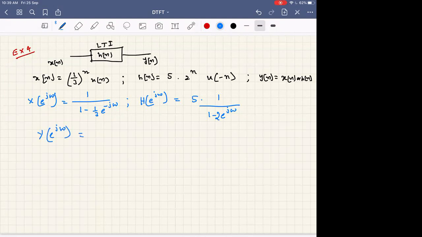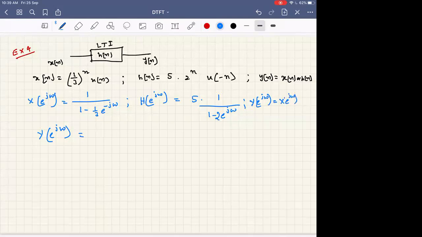I hope all of you are understanding. Convolution in the time domain, how does it reflect in the frequency domain? In the frequency domain, y of e power j omega is equal to X of e power j omega into H of e power j omega.